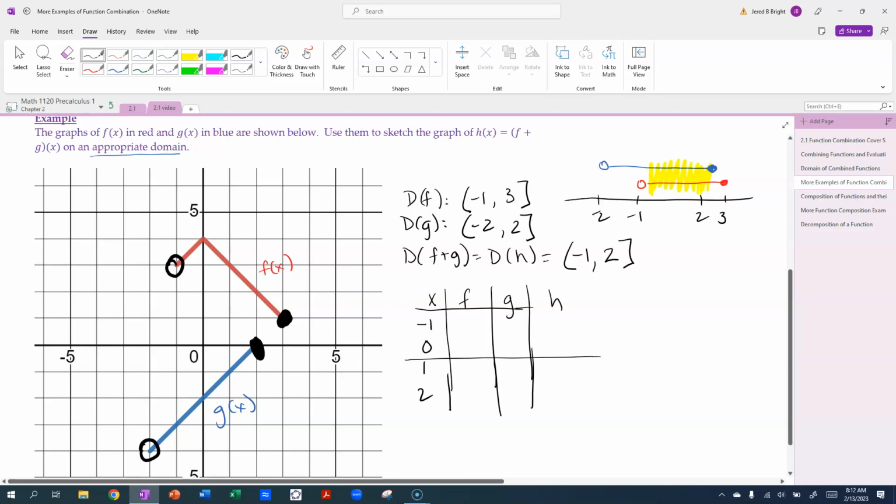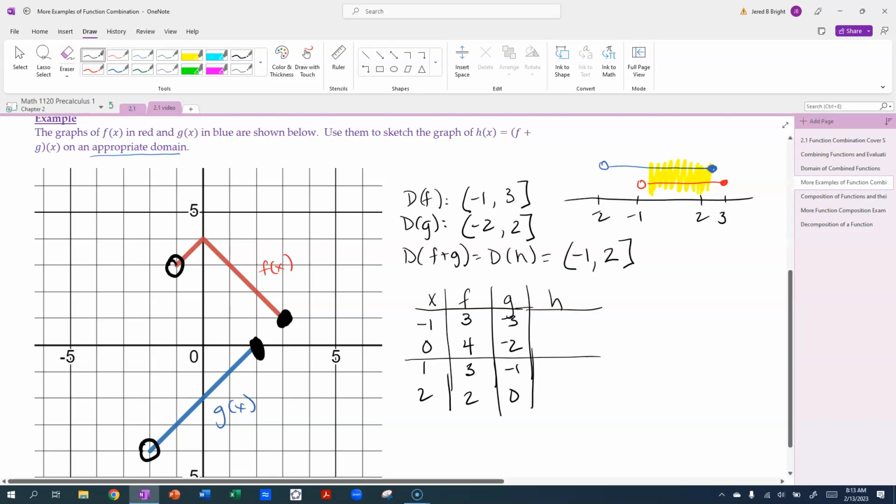So what is f at each of these values? I don't have the value at -1, but again, it's a hole. The y value would be 3, and then at 0 it is 4, and then back down to 3, and then at 2, it's at 2. G at -1 is -3, and then -2, -1, and 0.